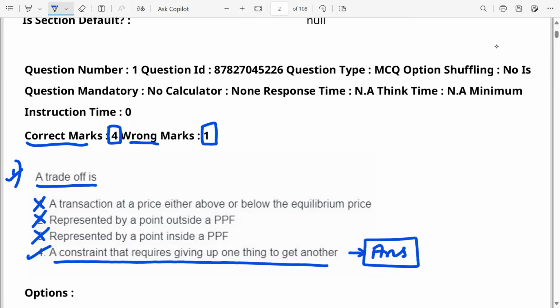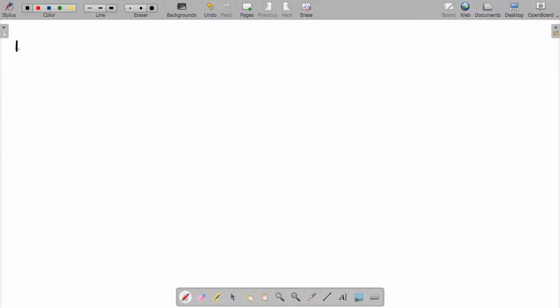Okay, so I can just come to the whiteboard and make students write a note for the same. I'm just writing the main heading for completeness. This is PG Economics CUET 2024 question paper we are discussing.